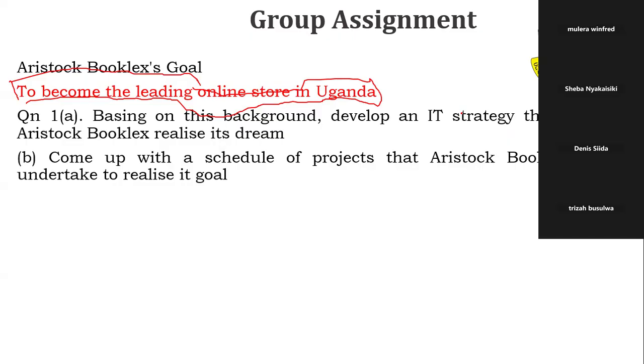interfere somehow, but there is something I wanted to bring to the attention of the class. As we are doing this module, let's always put it in mind that we are also having the component of enterprise architecture. When we are talking about strategic planning, the issue is that enterprise architecture is about alignment.